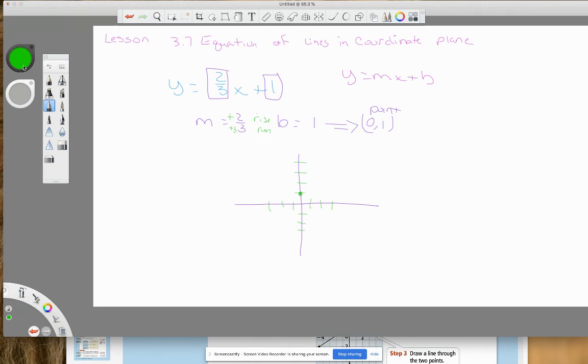So we start here, go up 2, rise, and run 1, 2, 3. And if we wanted to, we could make both of these opposites. So -2, -3. So we could go down 2, run 3 to the left. But all we need is 2 points, and then we take a ruler or a straight edge and make a straight line through them.